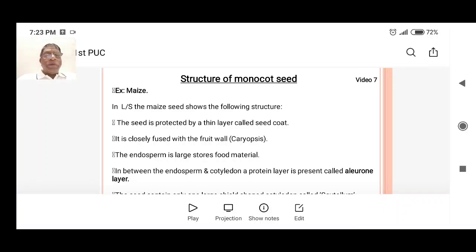If we examine carefully, in between the endosperm and the cotyledon, there is a layer which is called the aleurone layer. The cells of the aleurone layer contain protein. Hence, this layer is called the protein layer. Okay, see the diagram.